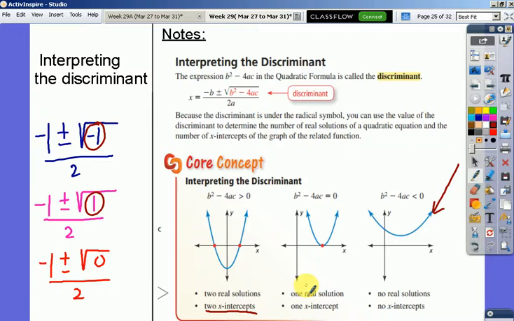If b squared minus 4ac is 0, then you have one solution. Questions? So maybe I should write that here. No reals, two solutions, and one solution.